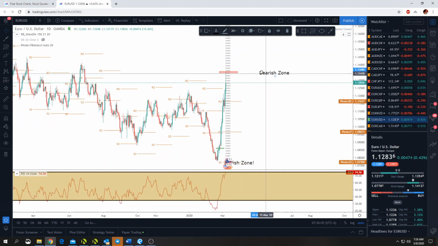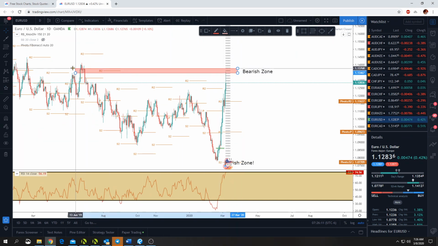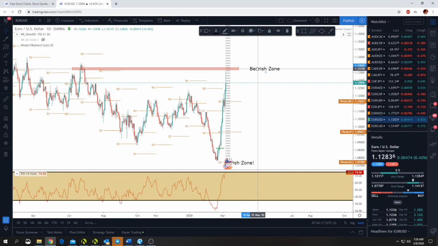But I'm not going to be bearish again unless price gets up to this level again. If we stretch this out, you can kind of see why. But I'd get bullish again if we see a retest of this resistance.